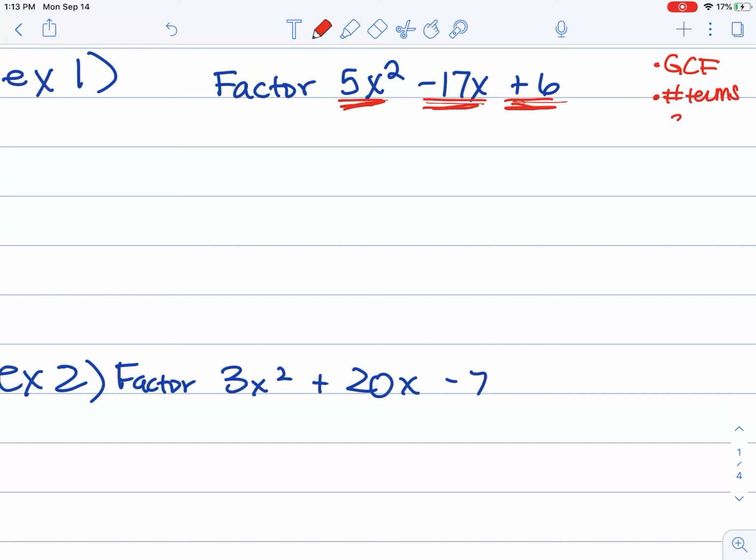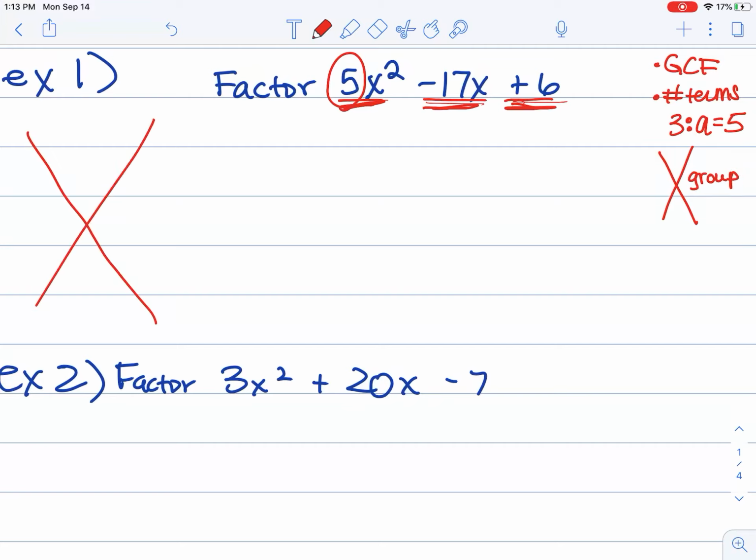There are 3 monomials or 3 terms. Once we know there's 3 terms, we look at the value of a. So we know this value of a is not 1. It's 5. So we look on that side of our graphic organizer and we read it and we know, okay, I'm going to have to do the X group method.